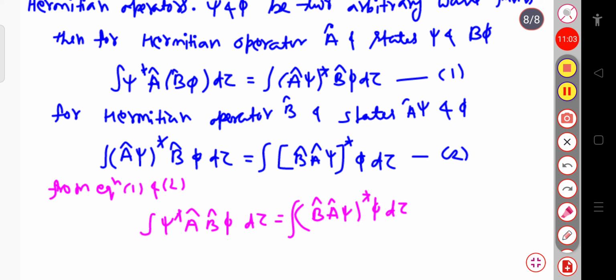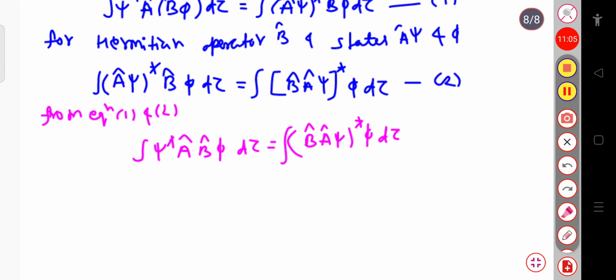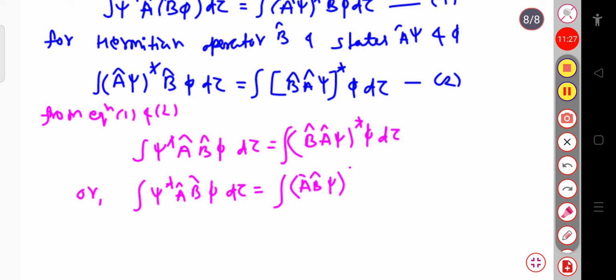Or this also can be written as psi star A cap B cap phi d tau, that will be equal to integration over, we can write this B cap A cap as A cap B cap because it is the commuting operator. So this is your A cap B cap psi whole star into phi d tau, since AB equal to BA, that is the commuting operator.